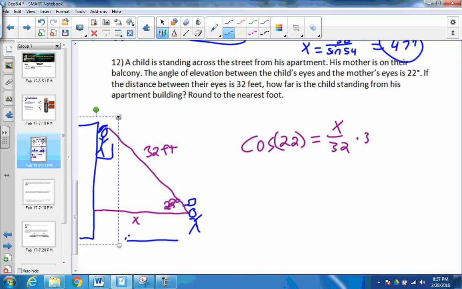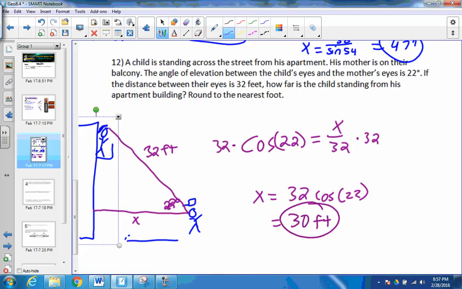And when we multiply both sides by 32, x is going to be equal to 32 cosine of 22 degrees, which if we round to the nearest foot like we have to, would be 30 feet. 30 feet from the building. So that's not too wide of a road, I don't think.